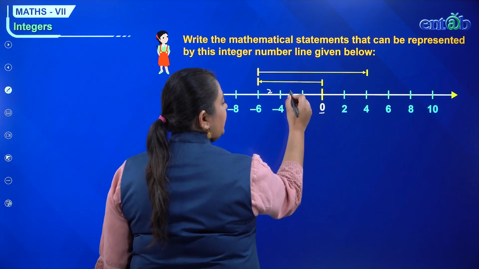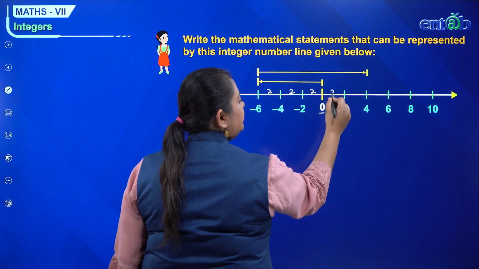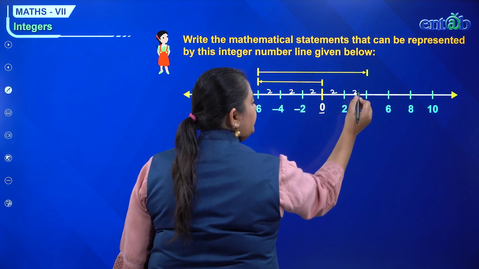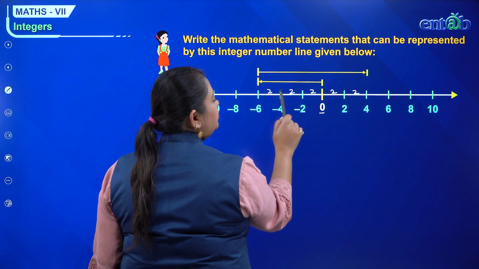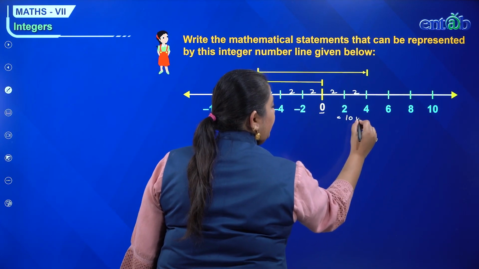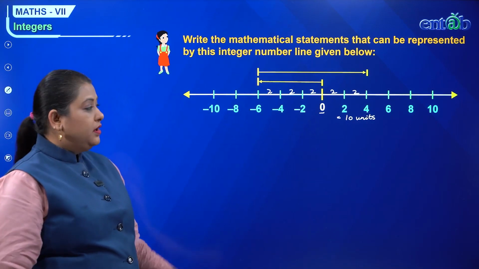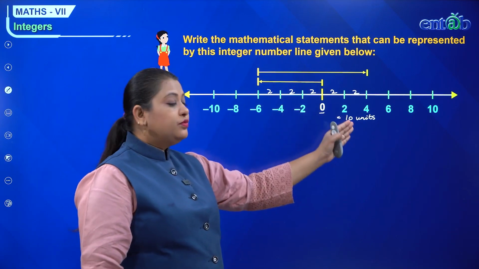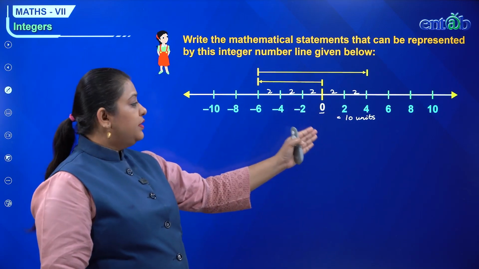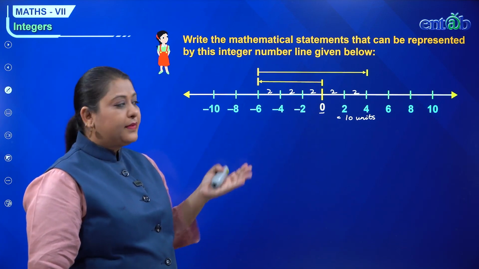And from -4 to -2, 2 units, then from -2 to 0, 2 units, 0 to 2, 2 units, and 2 to 4, 2 units. It means 2 plus 2 plus 2 plus 2 plus 2. That is a total of 10 units, right? So from -6, in order to reach 4, we need to move 10 units towards the right hand side on the number line.